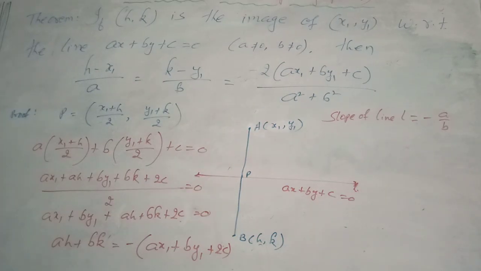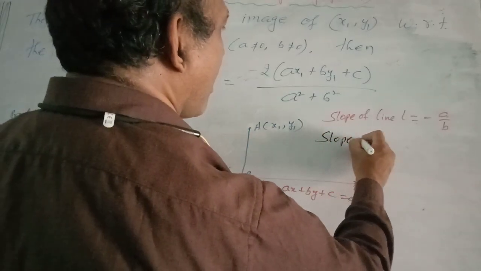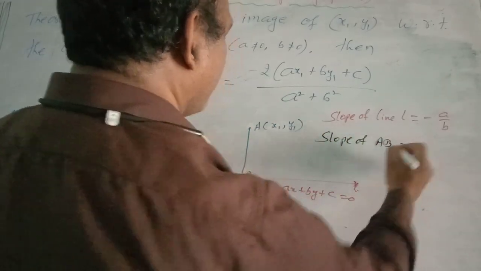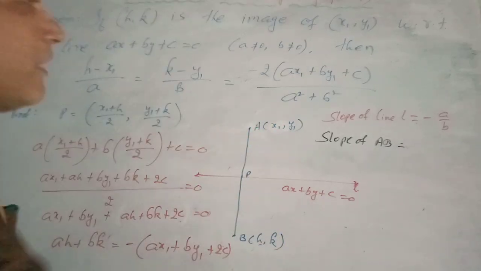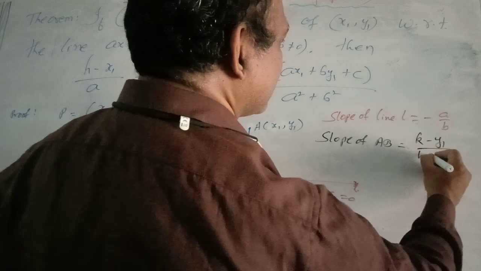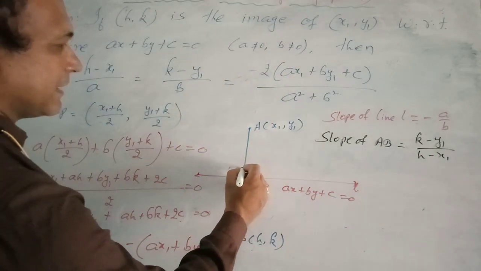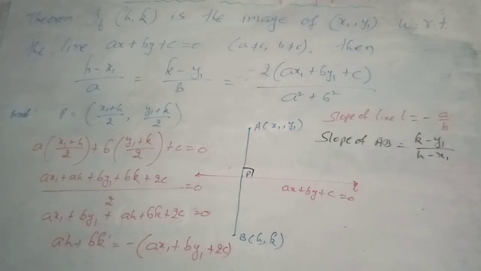What is the slope of AB here? The slope of AB is equal to (k minus y1) divided by (h minus x1). Now as these two are perpendicular to each other, the product of their slopes will be minus 1.